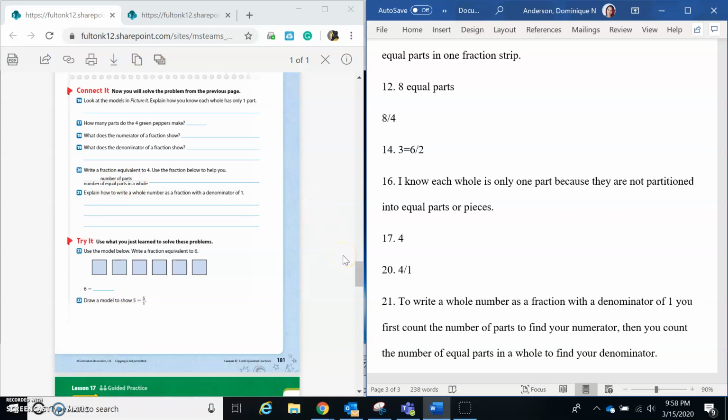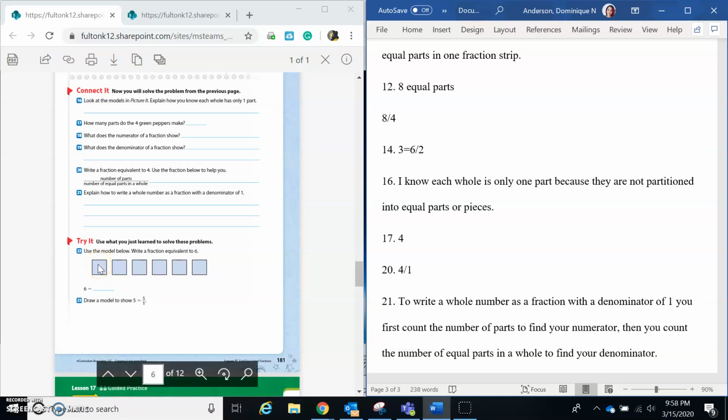Alright, 22. Use what you just learned to solve these problems. Use the model below. Write a fraction equivalent to 6. So I want you to use this to help you. Your numerator is how many parts? You have 1, 2, 3, 4, 5, 6 equal parts. And then the number of equal parts in the whole. How many parts do you have in the whole? 1.